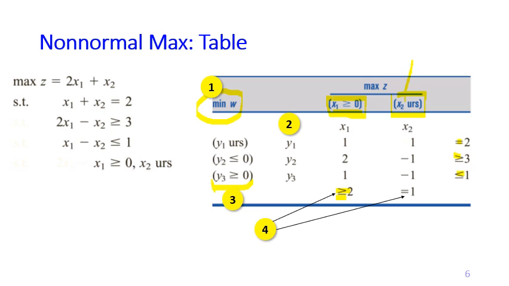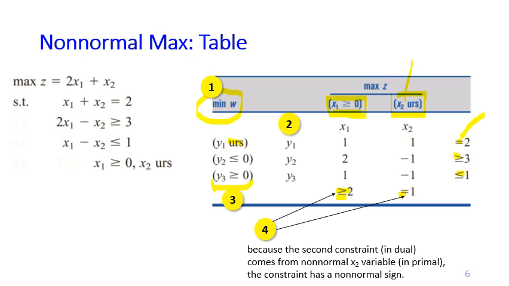As a result, the second constraint in our dual has the sign of equality. So remember, if a variable has the sign restriction of URS in the primal, it will become an equality constraint in the dual. In other words, if in the primal it is an equality constraint, it will become a URS variable in the dual. So an equality constraint always corresponds to a URS variable, both in primal and dual, and vice versa.